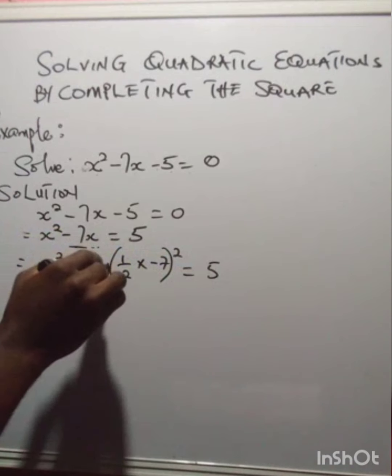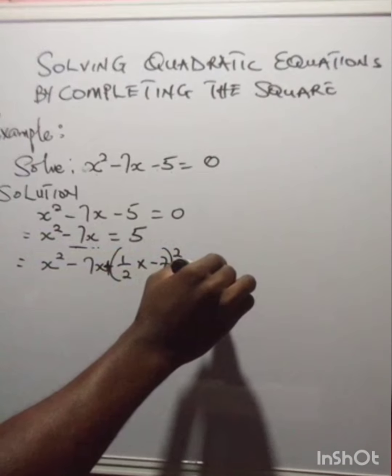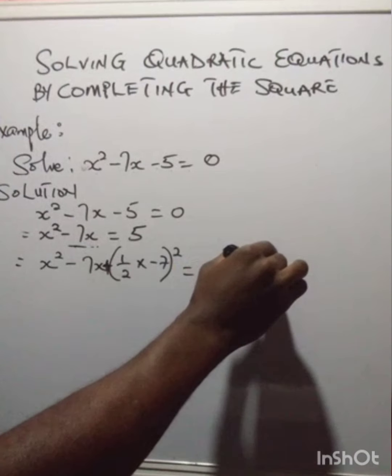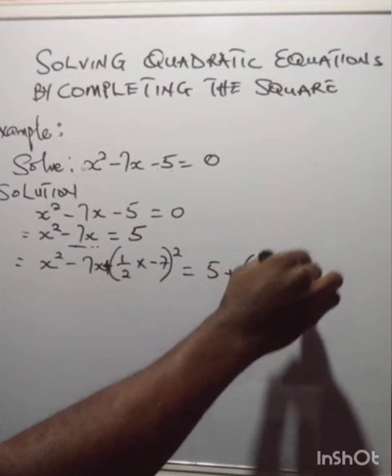There's a plus here, equal to 5 plus bracket 1 over 2 times minus 7 all square.